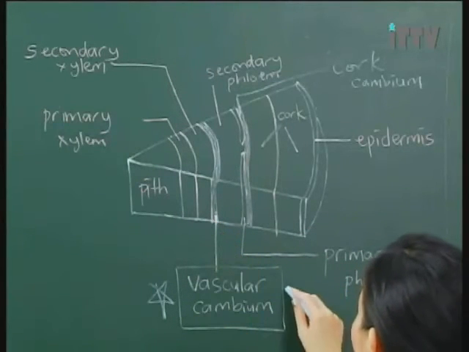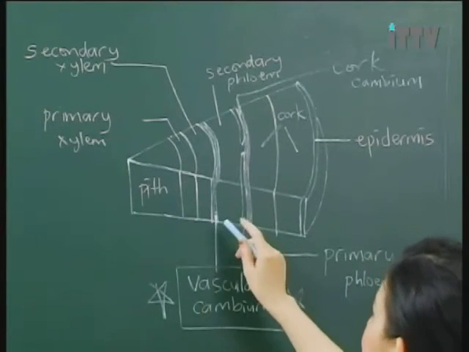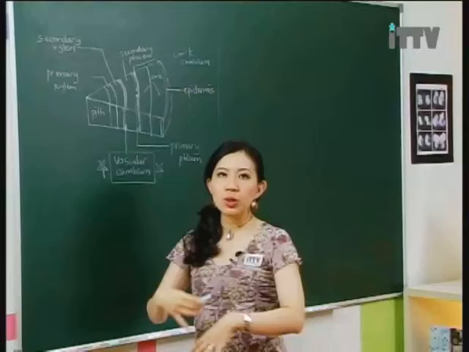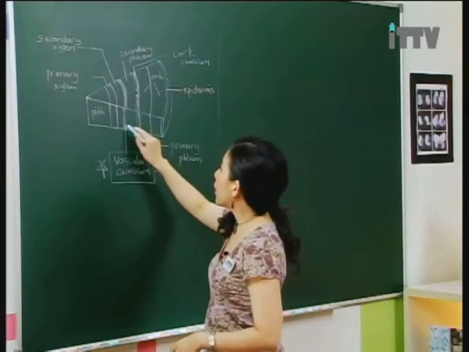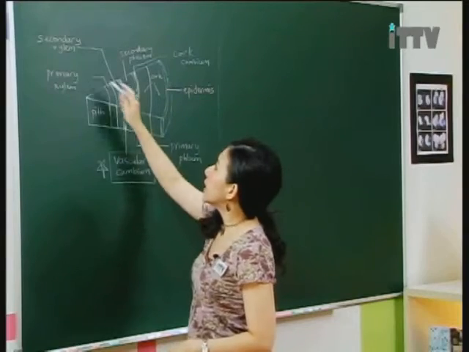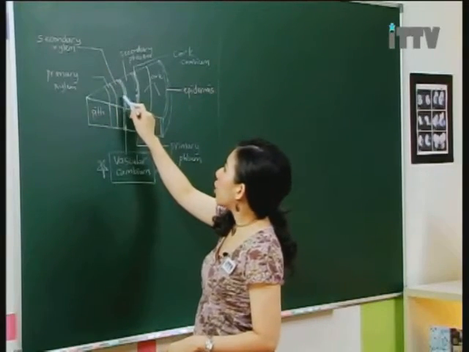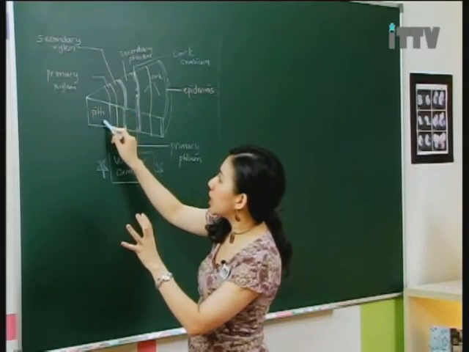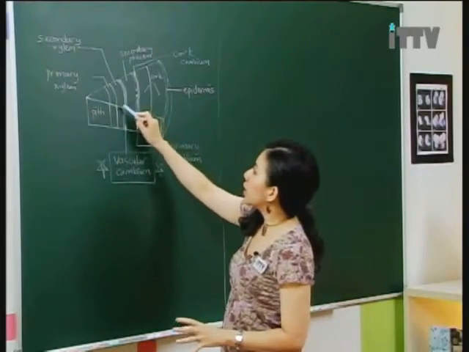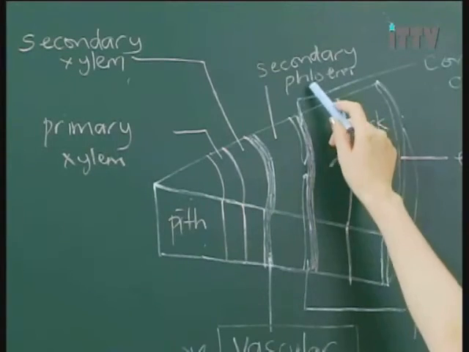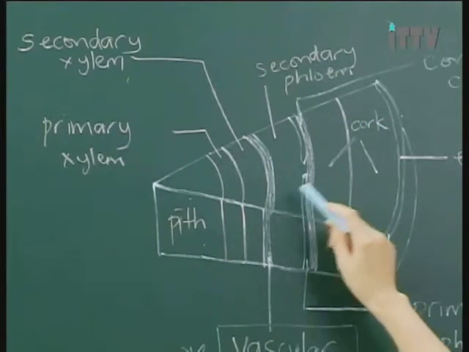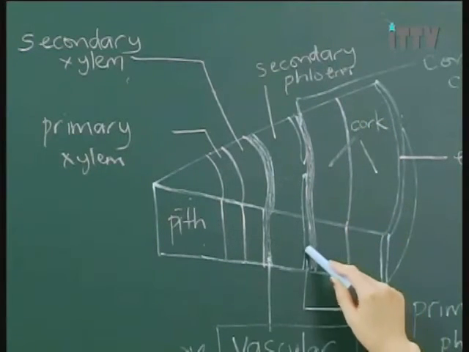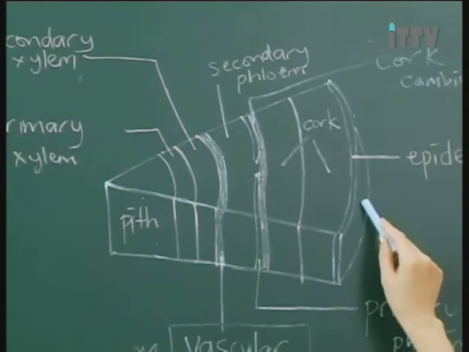So let's zoom in on the vascular cambium, because when it's time to differentiate, the vascular cambium will produce the secondary xylem on the inner part, and it will push the primary xylem towards the pith. Whereas the vascular cambium also will produce the secondary phloem here, and it will push the primary phloem towards the epidermis.